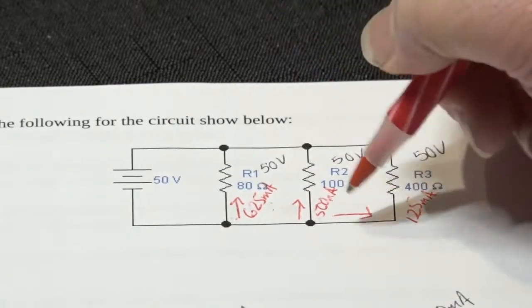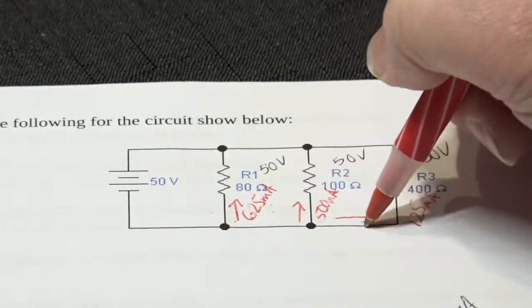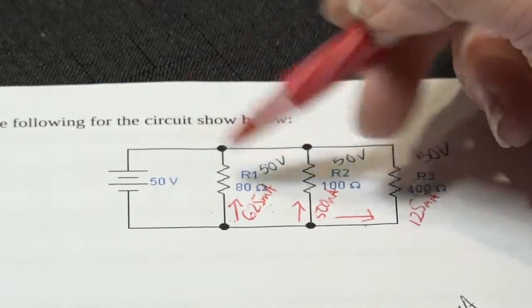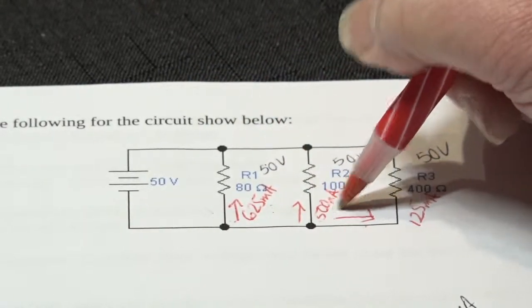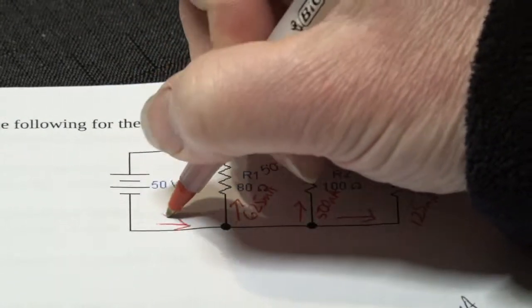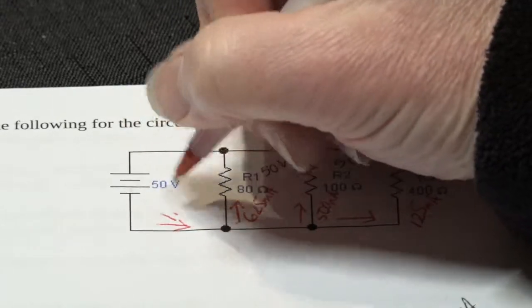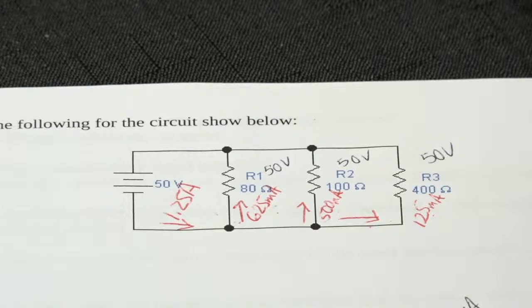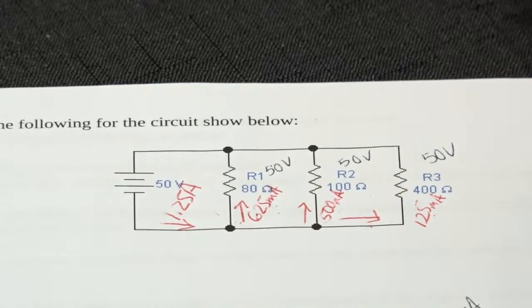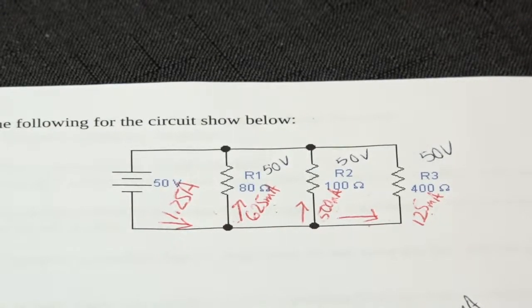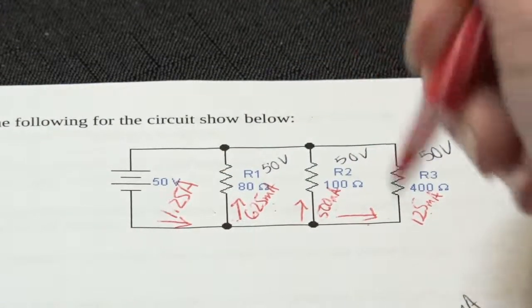So what do all 3 of these add up to? Well, 625 plus 500 plus 125 adds up to 1.25 amps, or 1,250 milliamps.